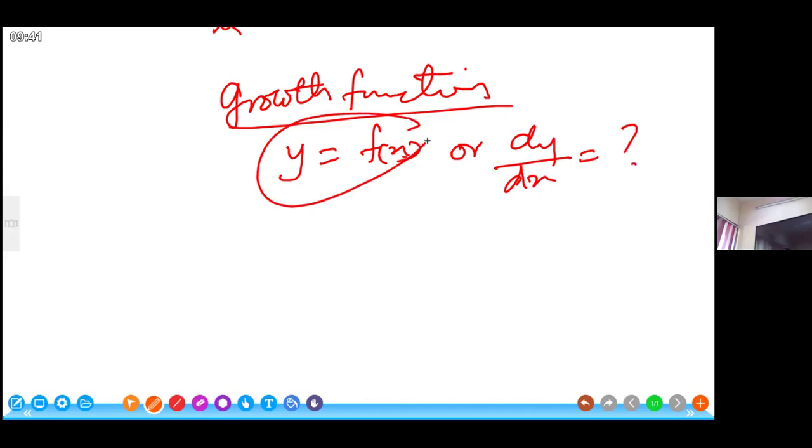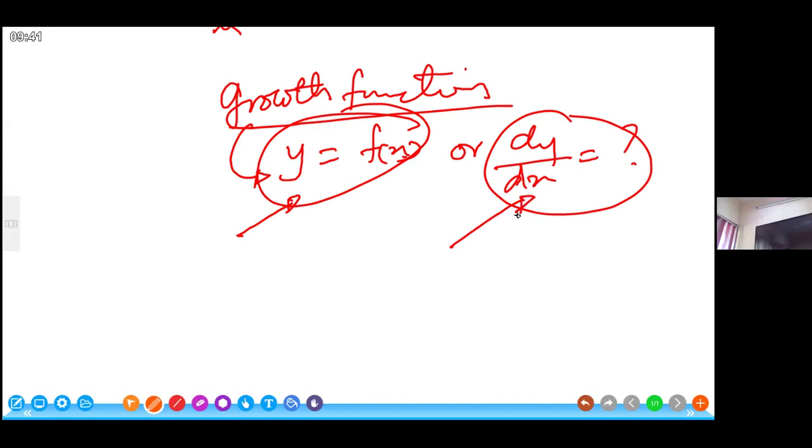I can give it in this form or in this form. This is simply the growth function. How do you call this dy by dx in terms of growth? This is called the growth rate function for a given growth.